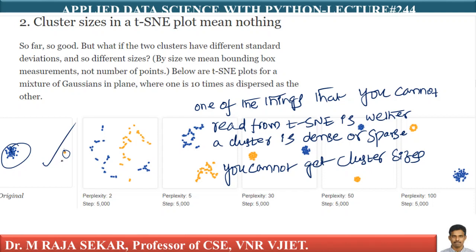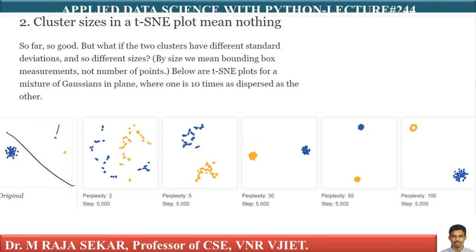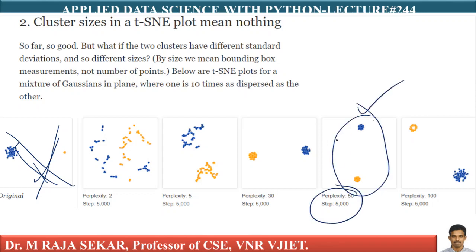Imagine if you have never been shown this original data set. Imagine if you are shown only this, at perplexity 50.